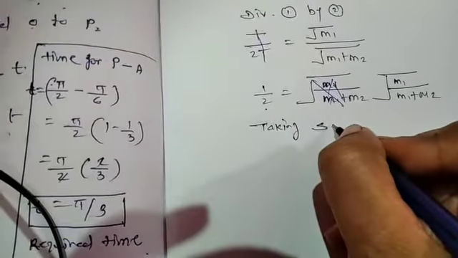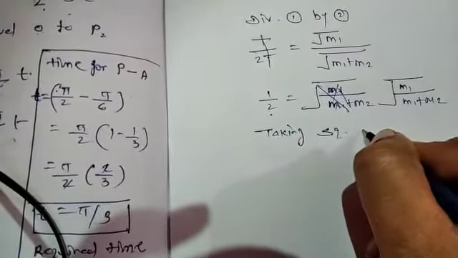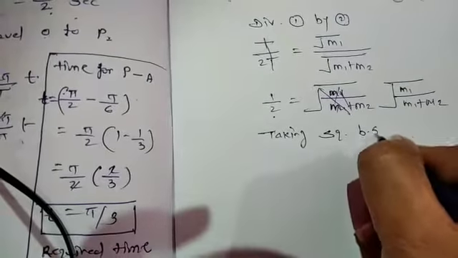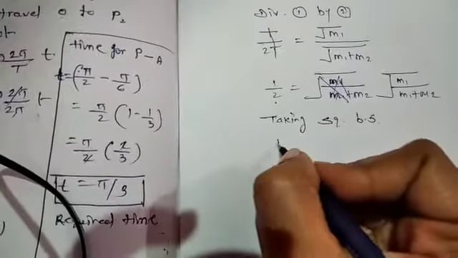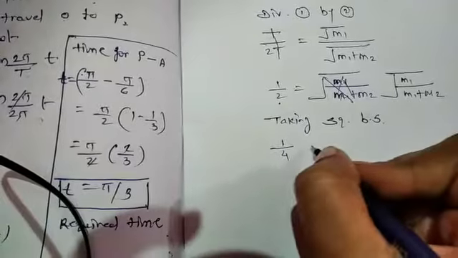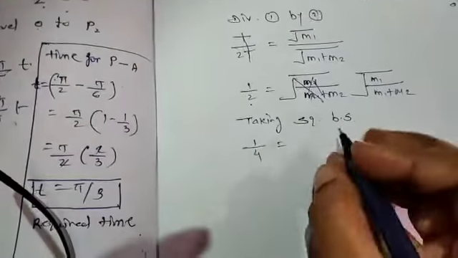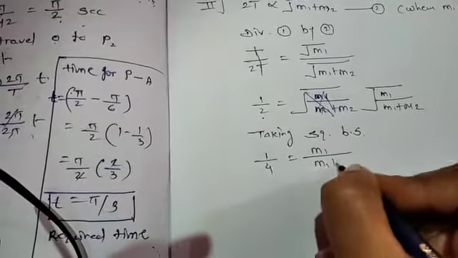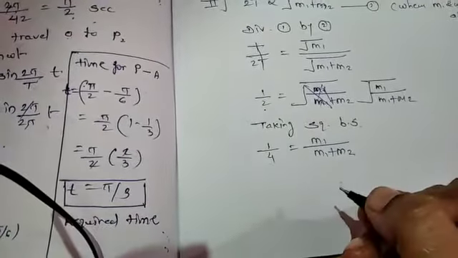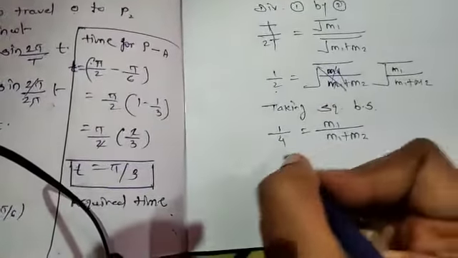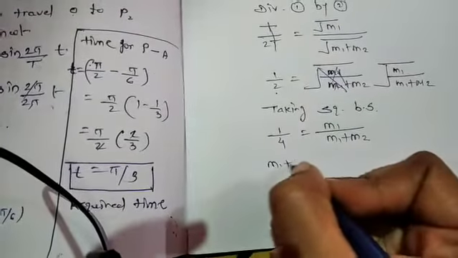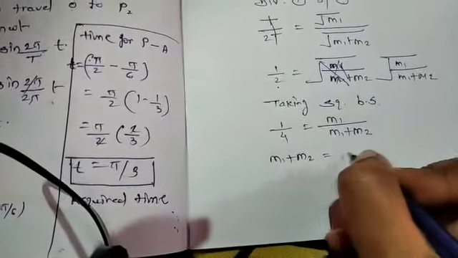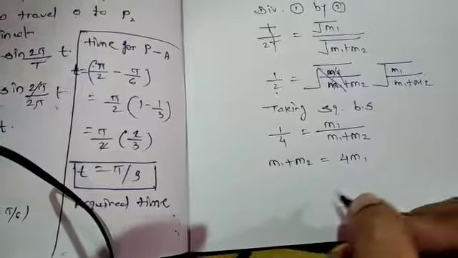Taking square on both sides, this will become 1 upon 4 is equal to m1 divided by m1 plus m2, right? So just simplify it, m1 plus m2 is equal to 4m1.